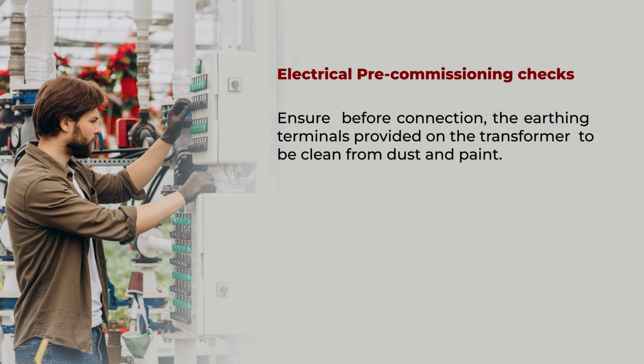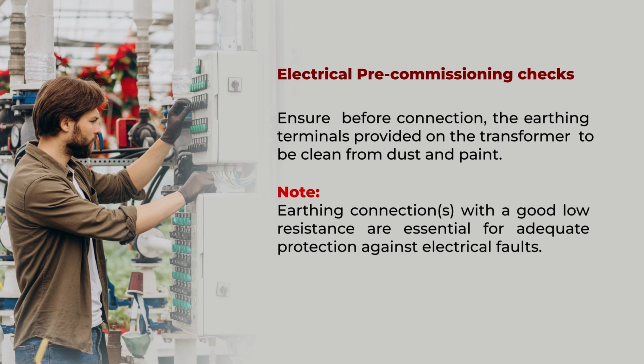Ensure before connection the earthing terminals provided on the transformer to be clean from dust and paint, because normally when the transformer is being dispatched from the manufacturer's side, the painting of the transformer tank body also takes place.